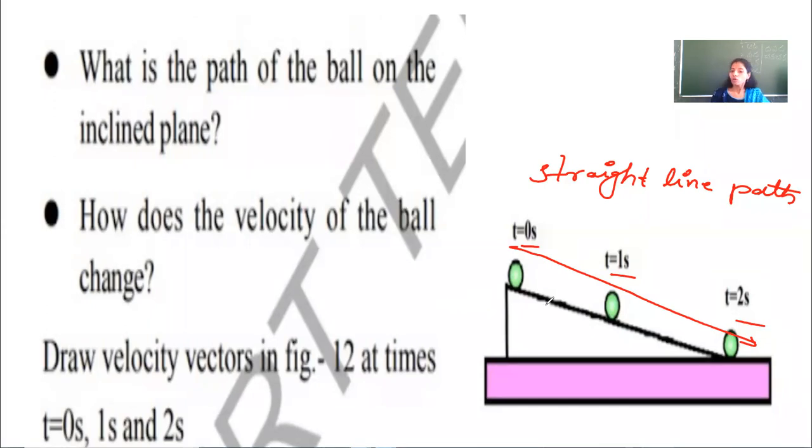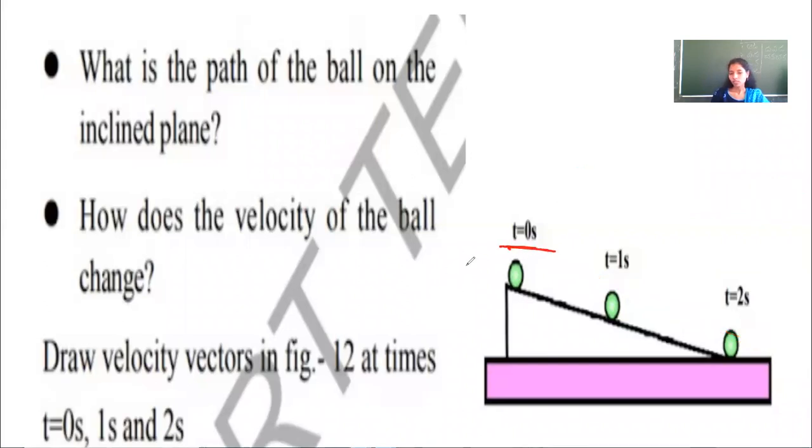When we release the ball at 0 seconds of time, it quickly reaches the bottom of the plane because it is moving down. So it can move very fast. The velocity increases here. It is moving in a straight line path and the velocity of the ball is increased.